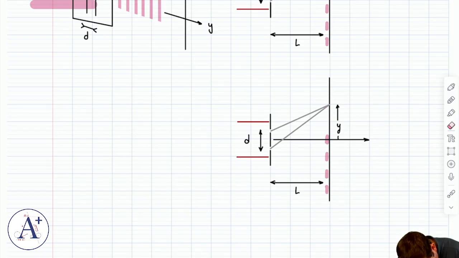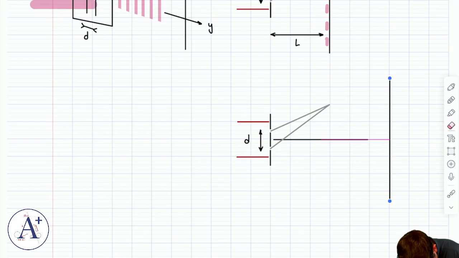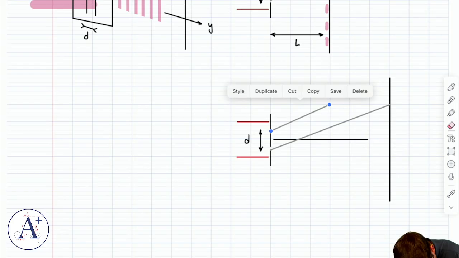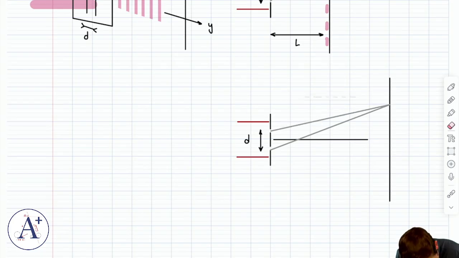Let me move the screen back just for convenience. It's going to be easier to see what's going on. Now there's going to be this guy here. That's the bottom, and that's the top. And this is going to be the center, of course.